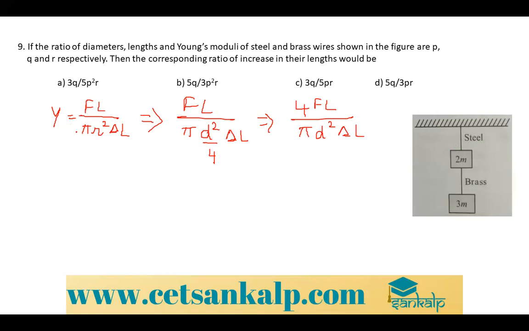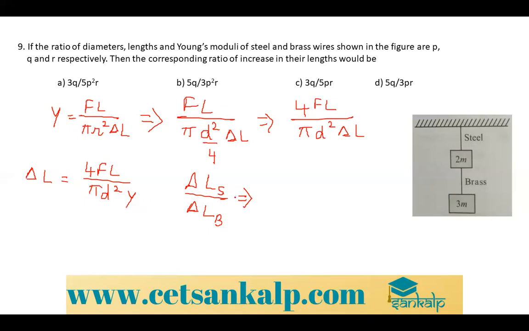I want delta L. So delta L is equal to 4FL divided by pi d square Y. From this relation, as you have two substances, one is steel and the other one is brass, you can write delta L divided by delta L, steel with respect to brass, as they have given.